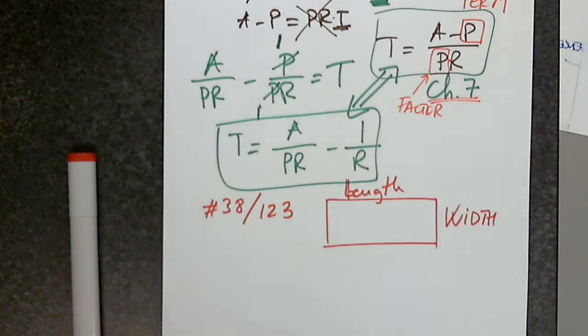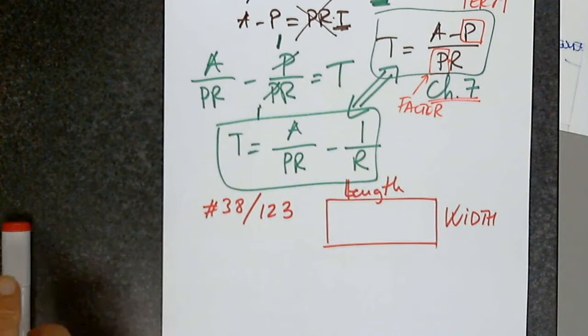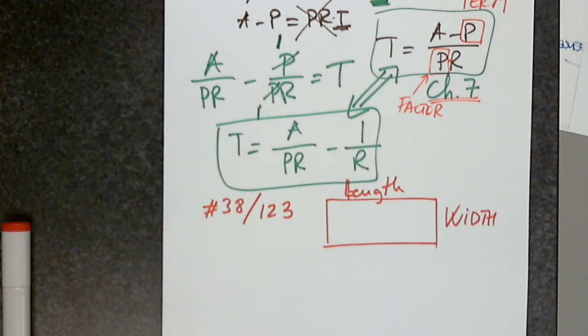Okay, I have to read the problem one more time. If the length of a rectangular parking lot is 10 meters less than twice its width, I would like you to come up with something that I would be able to write that represents exactly what I just said. The length is 10 meters less than twice the width.